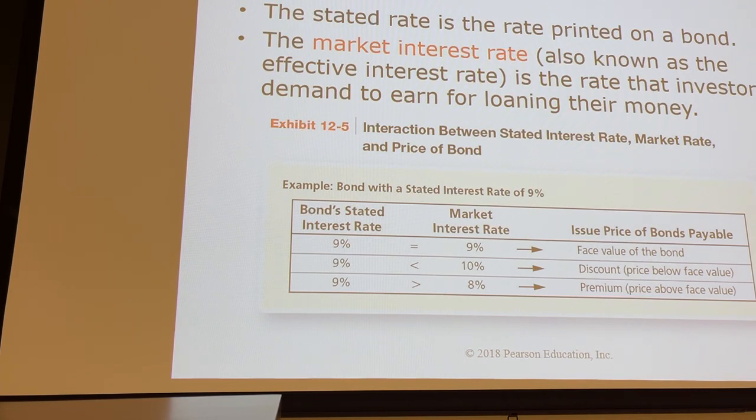If this bond that we're talking about pays 9% interest, but other competitive bonds are available in the marketplace that pay 10% interest, then this bond is not going to be very attractive to investors. So the price of the bond will be bid down by investors, and they won't buy it unless the price goes down from, say, $1,000 to $900.